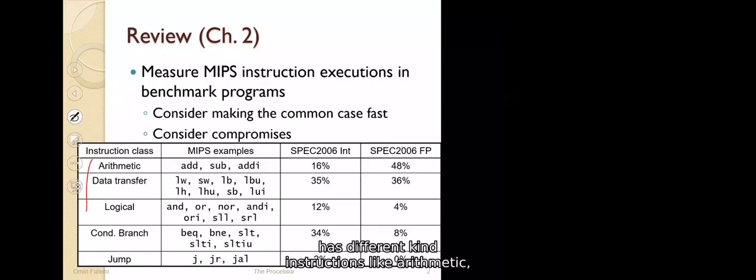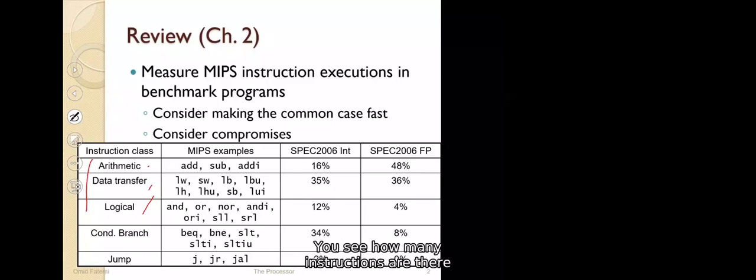MIPS has different kinds of instructions like arithmetic, data transfer, logical, conditional branch, jump. These were all the types of instructions that MIPS had. And you saw that MIPS is a kind of RISC architecture, reduced instruction set computer. So it has a limited number of instructions compared to some other processors that are CISC processors.